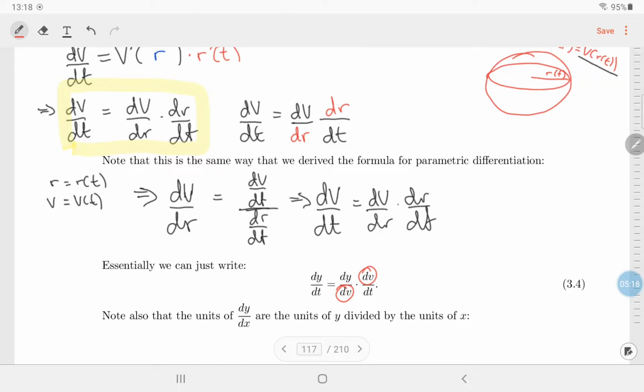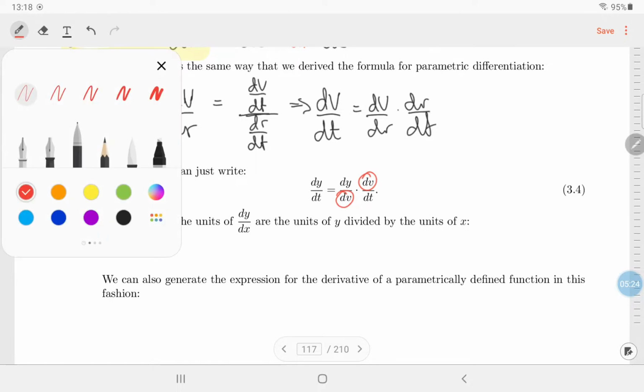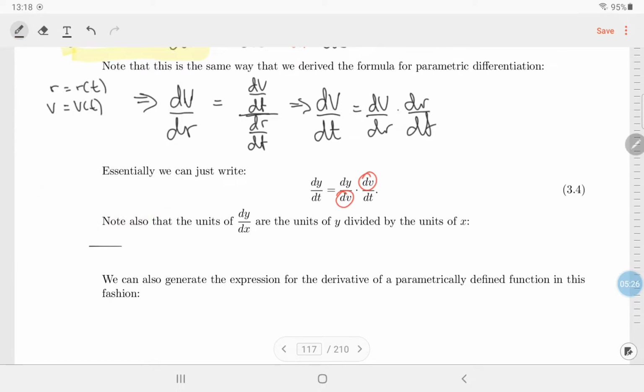variable, a suitable variable. Now, one thing we should talk about is the units of dy/dx, because we're engineers, or you're engineers. So what about the units of dy/dx? dy/dx is a rate of change of y with respect to x, so it has the same units as a change in y over a change in x. And the units of a change in y are the same as the units of y divided by the units of x.